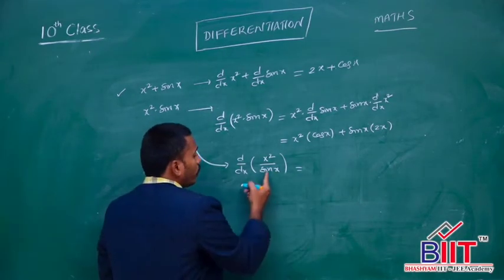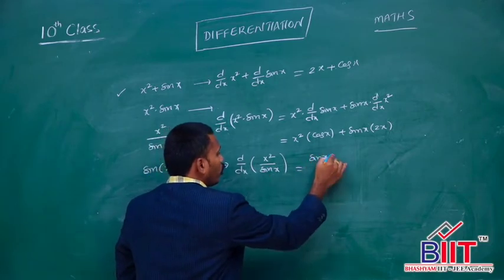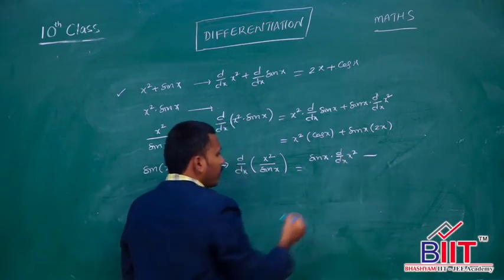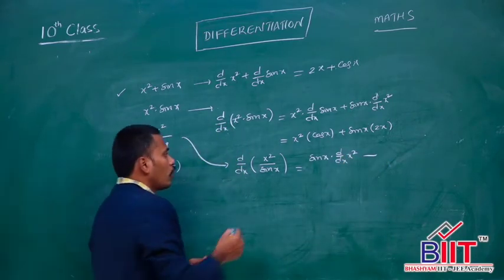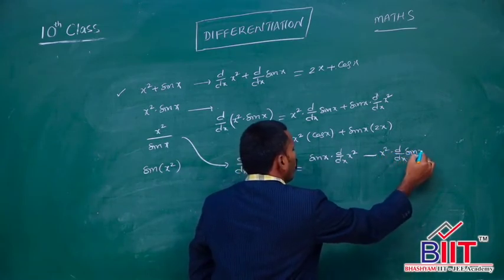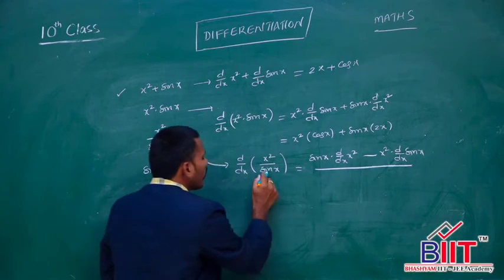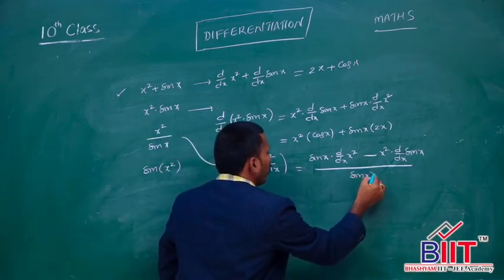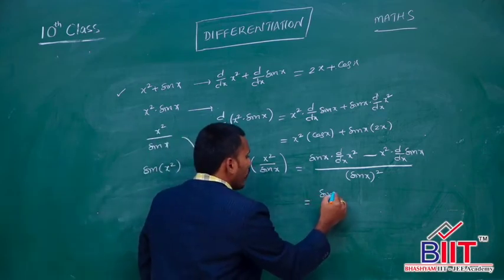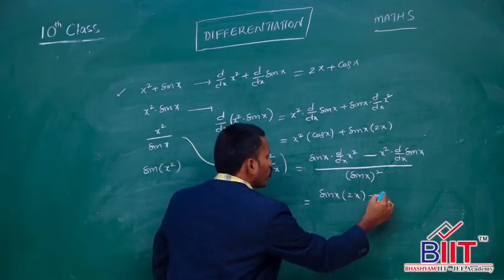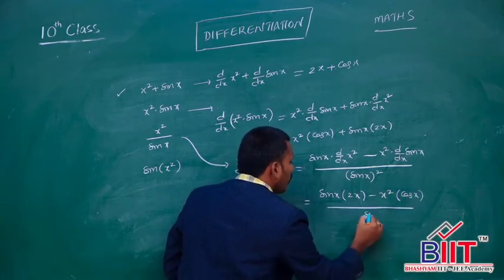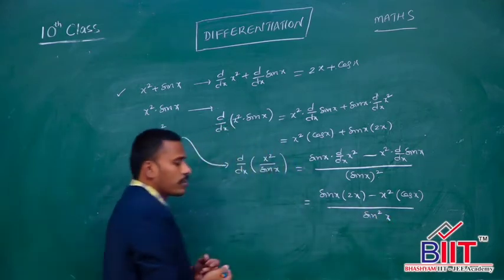Denominator sin x into the derivative of numerator, d by dx of x square, minus numerator x square into the derivative of denominator, d by dx of sin x, and the whole thing is divided by the square of the denominator, sin square x. Let us simplify it. This equals sin x into 2x minus x square into cos x, and the whole thing is divided by sin square x.